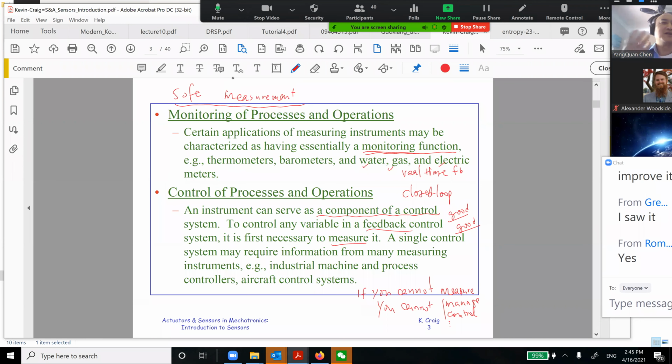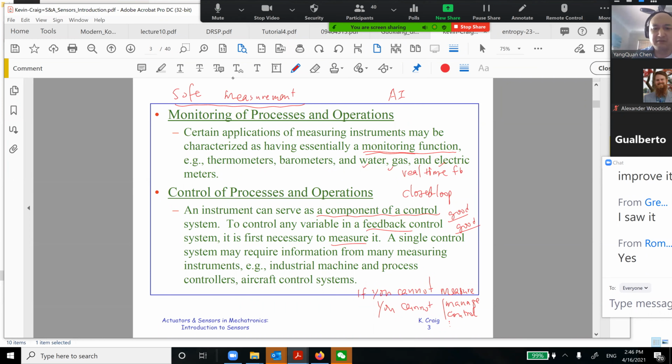Then you need to synthesize or mix all the information together and get useful information out of it, so you need to use artificial intelligence here, right? There are a lot of interesting things there. Control processes and operation, we said a lot about it. It is one of the components in the control loop, the control system.